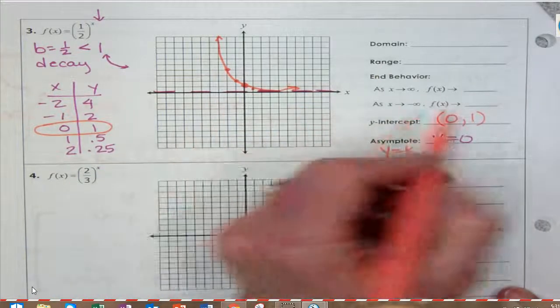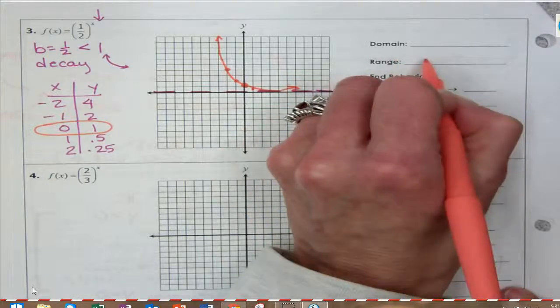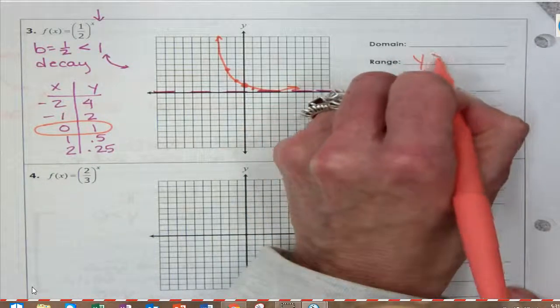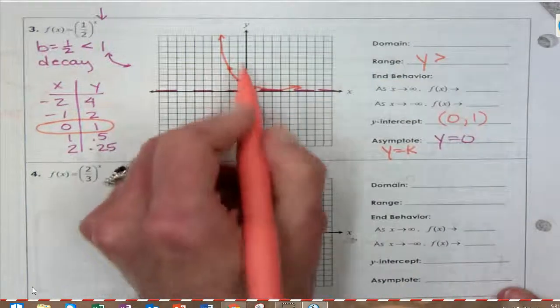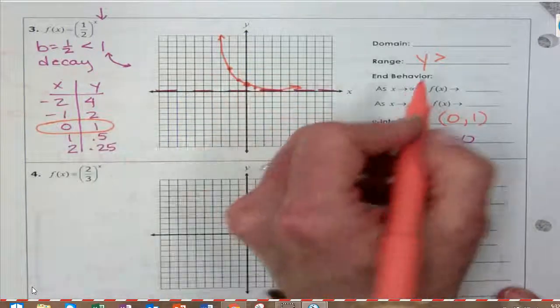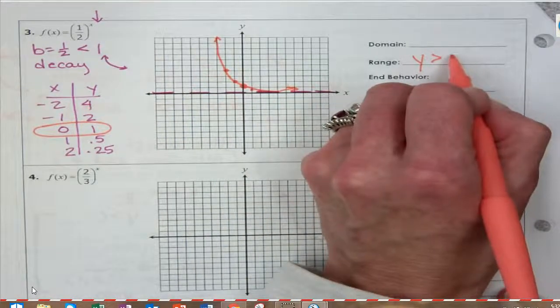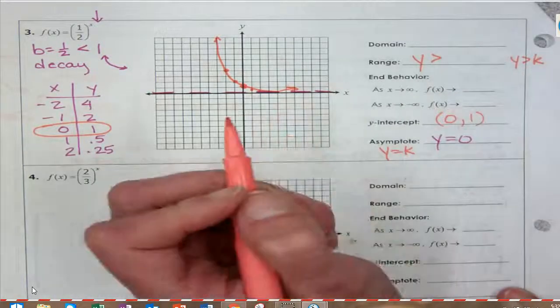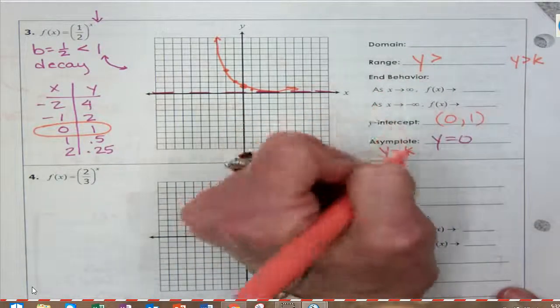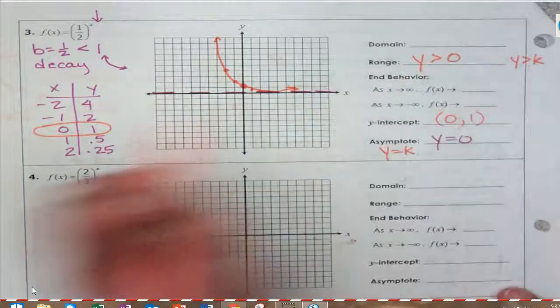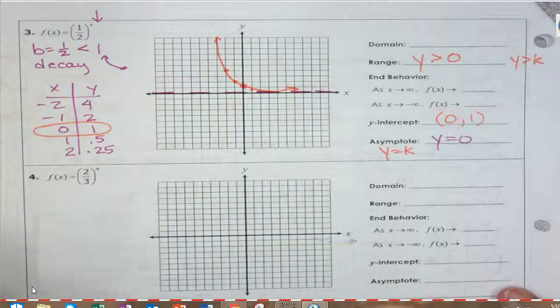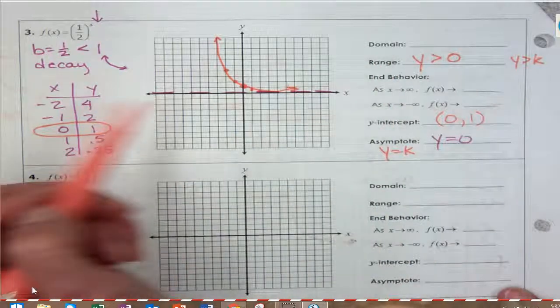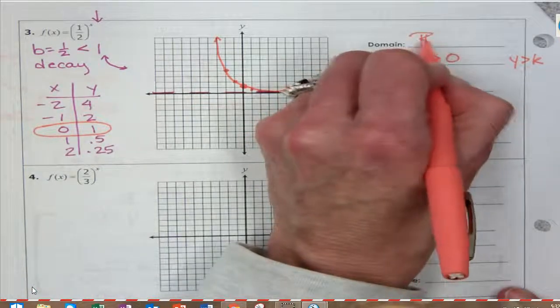My range is going to be y is greater than, because it's all up here, my k. Y is going to be greater than k, unless it's a reflection. But in this case, it's going to be y is greater than 0. And my domain, all real numbers.